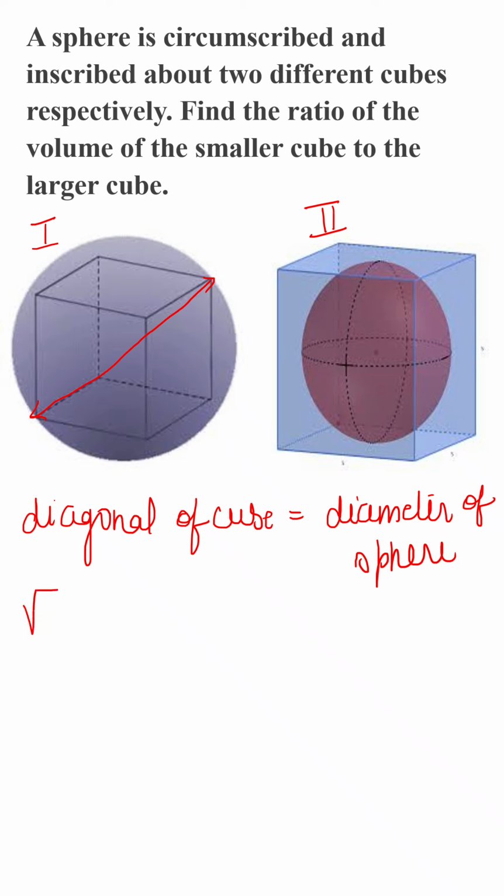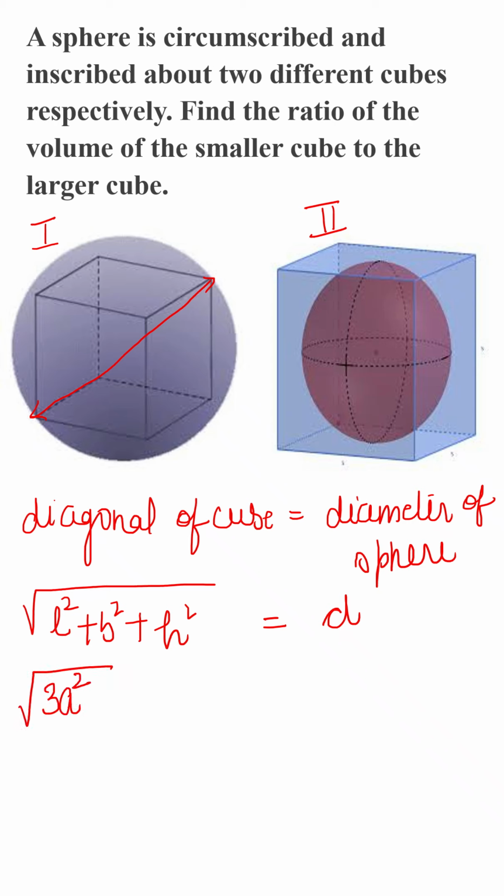Since it is a 3D solid, it is the square root of length square plus breadth square plus height square, and the diameter of the sphere, let it be d. Since it is a cube, everything is the same: length equals breadth equals height. Let's take it as side a. So root of 3 a square is equal to the diameter.